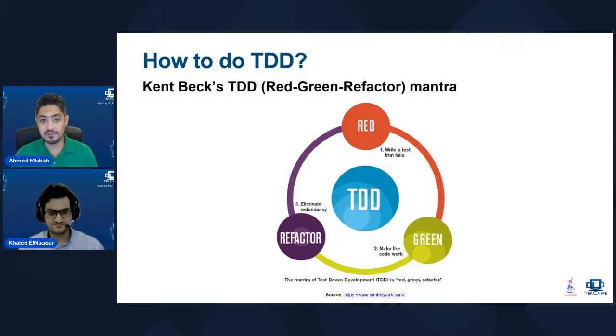So that's the green phase. And then you start refactoring. You start cleaning up the smells, applying design principles, and then you pick up another test and start the cycle all over again.